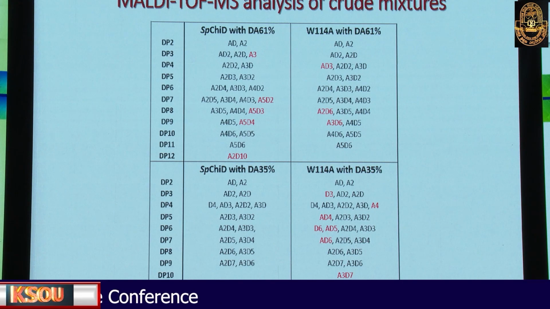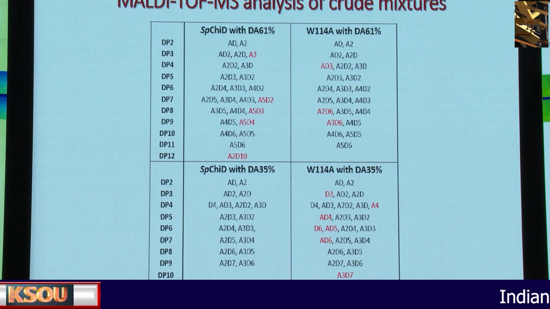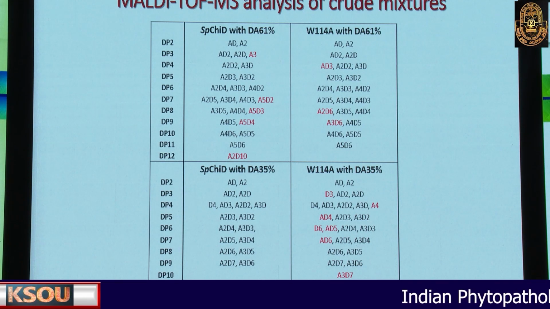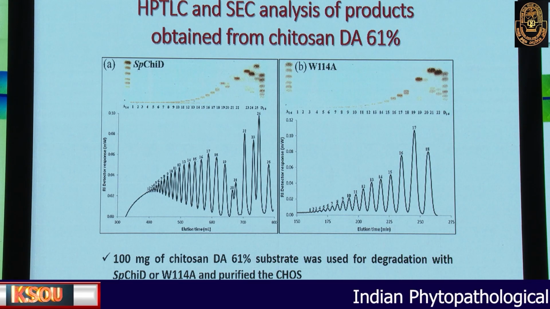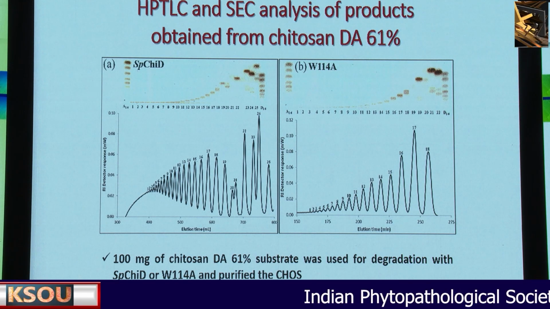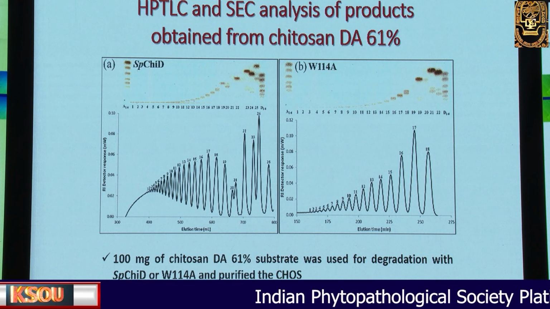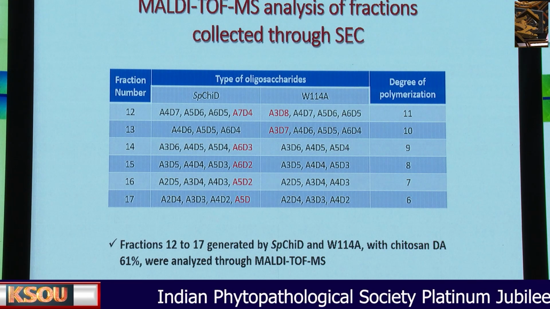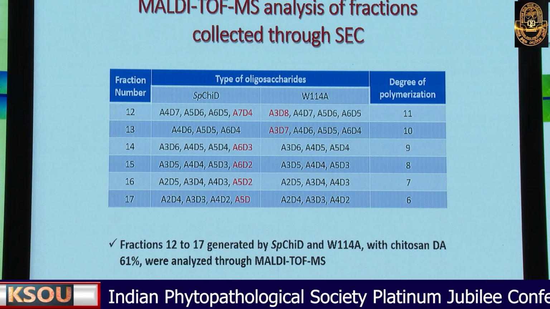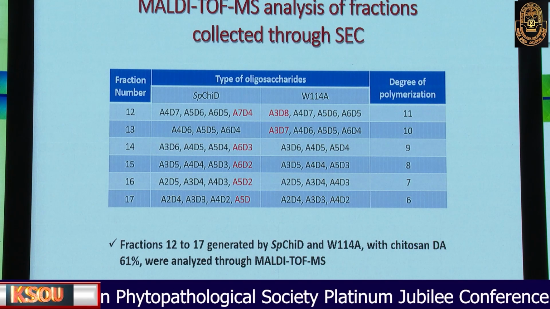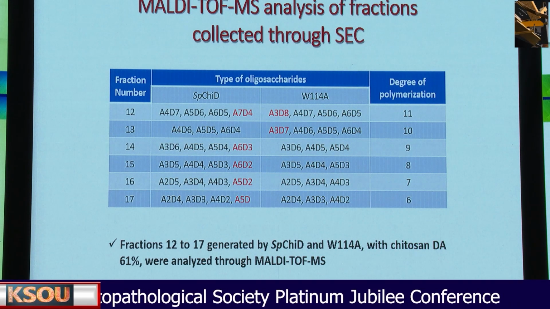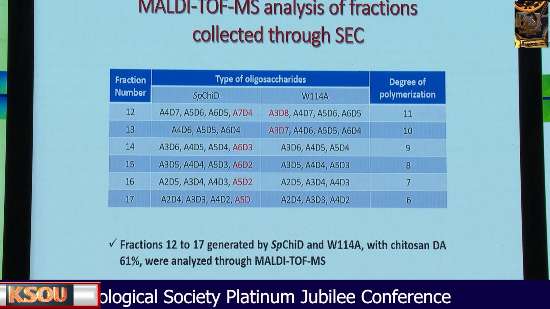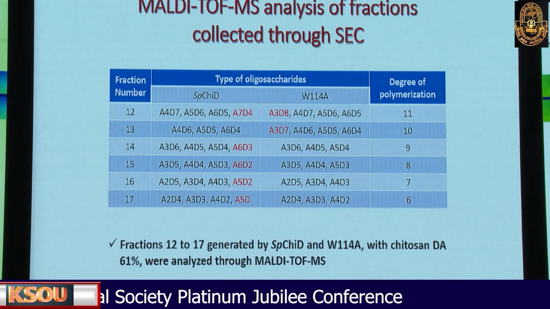We had to start with very well characterized, differently acetylated chitosans, and then we start analyzing the products after treatment. With size exclusion chromatography, we separate them and then test them. Fractions 12 to 17 were generated, with the wild type strain and with the chitosan which has 61% deacetylation, and they were analyzed through multi-top analysis.